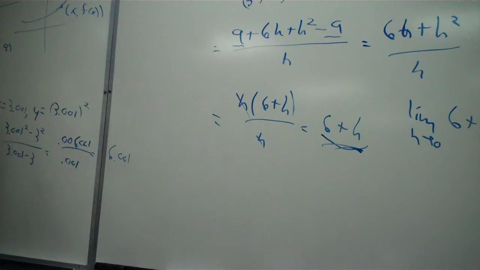So 15, the directions are here. So for each problem, each function in these problems, perform steps A through D. Calculate the slope of the secant line and simplify. Determine the limit. Figure out what it is at a specific point, and then find an equation of the line tangent at that specific point.